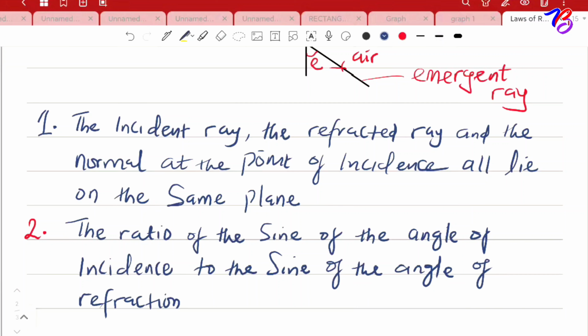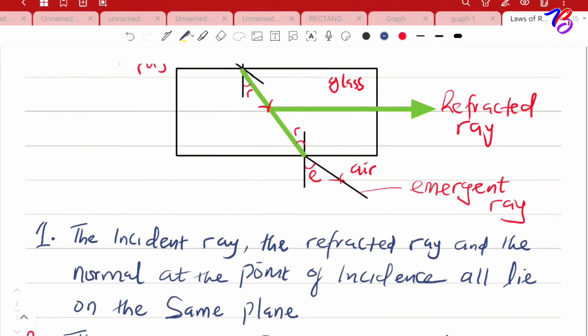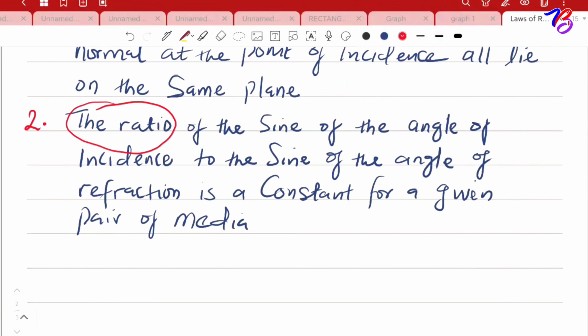Please, refraction, not reflection. Refraction is a constant. That means it doesn't change. That means it is fixed. The value is known for a given pair of media. That is two medium. The plural of medium is media. Let's say air and glass. So the value for the refractive index is constant.